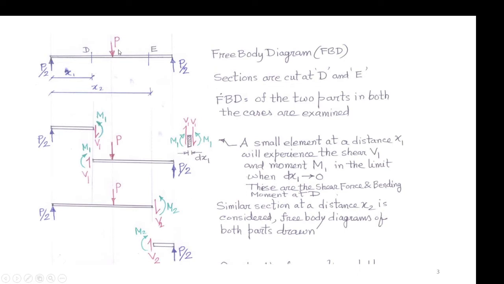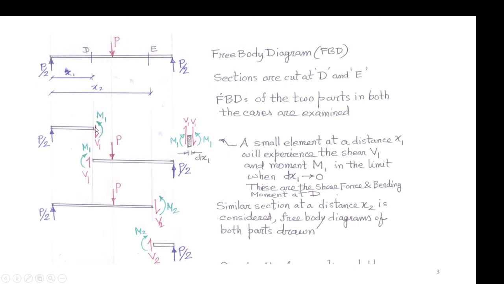So nothing is missed. If you consider this part and apply the equilibrium equations, which I have not done in this video, you will realize the following. Taking the sum of vertical forces with upward positive, you get P by 2 plus P by 2 minus V1 equals 0, so V1 is equal to P by 2. That is true for the entire length of L by 2, because x1 can vary from 0 to L by 2.